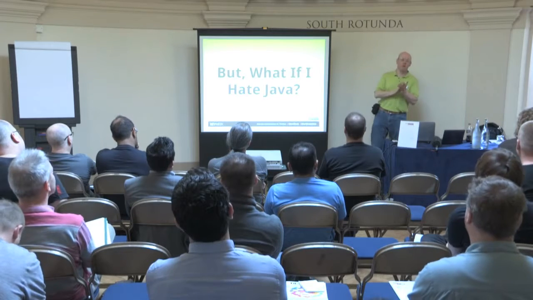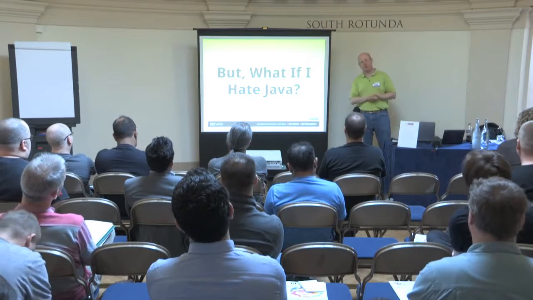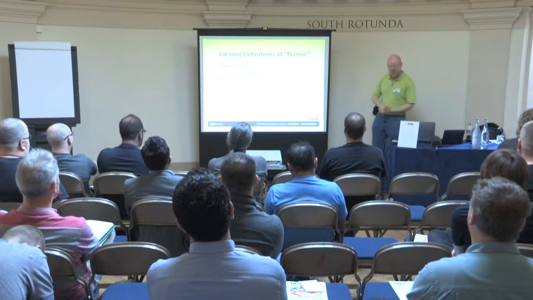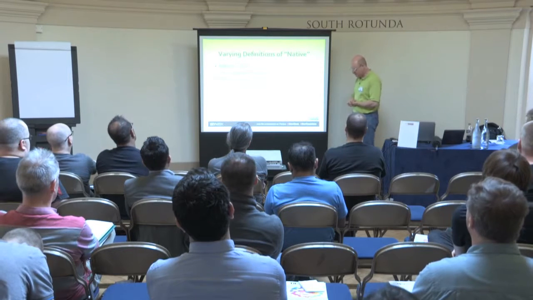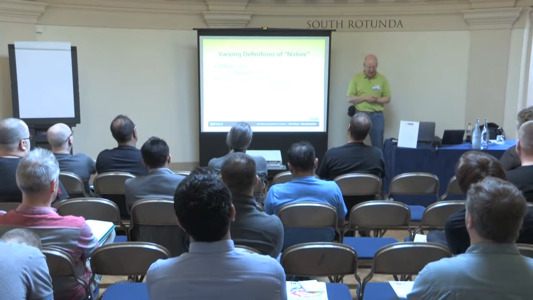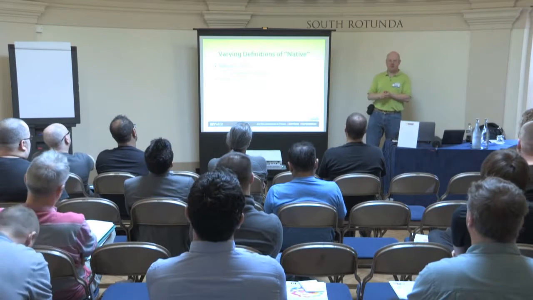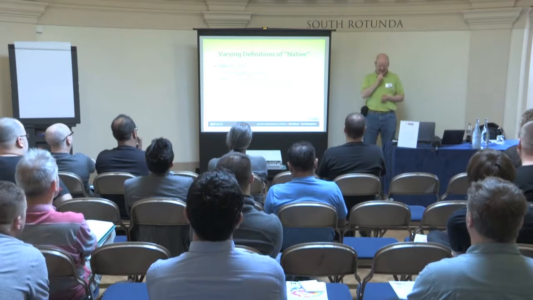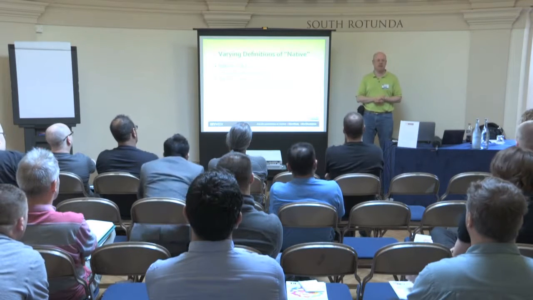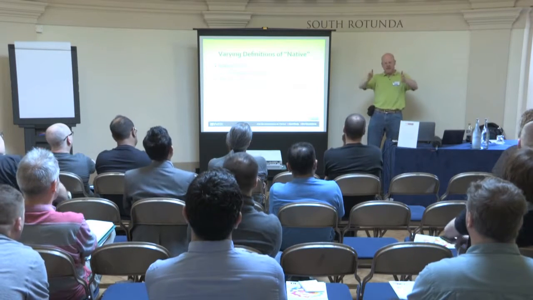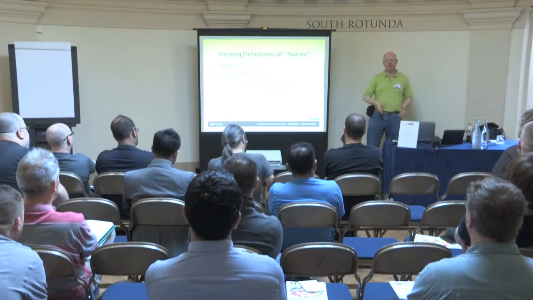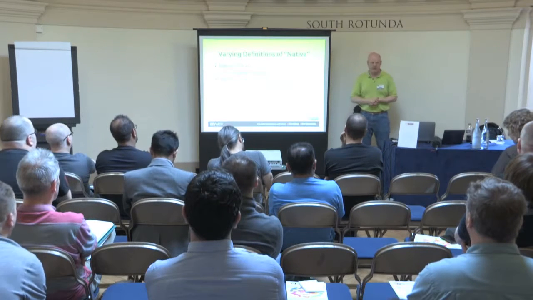But not all of you are going to drink the Java Kool-Aid. You are going to think that you want to write in something else. The next most popular way of doing Android apps is in some form of native code. The problem is that native tends to get used in two different ways in Android. If you are talking native as compared to Java code, that native code is referring to C and C++.